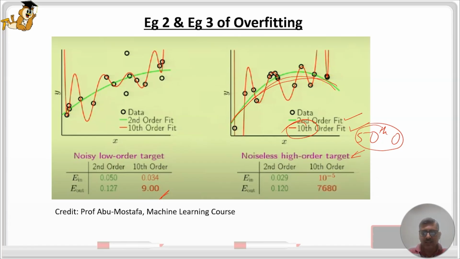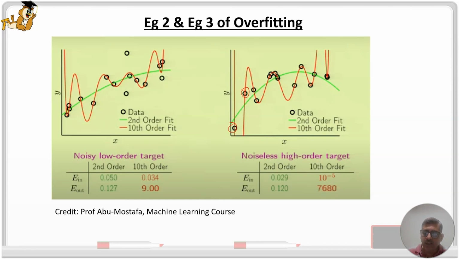So there is a little bit of a, how should I put this? This is a little bit non-intuitive, right? Your target was a 50th order polynomial. It is a noiseless target. So these black points here, these black circles, which are the data points, have been generated in a noiseless manner with a 50th order polynomial.